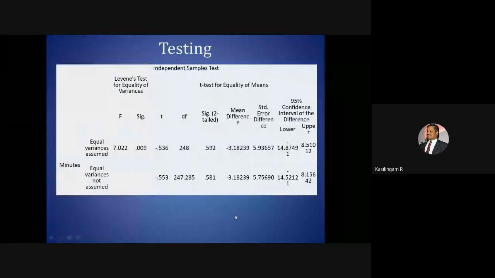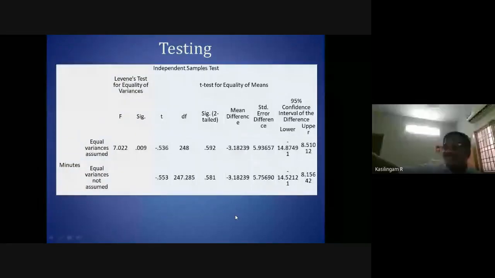Normally, if I take the class offline, I will ask one boy to come to the board and look at the significant value. He will say, sir, the significant value is 0.009, sir.